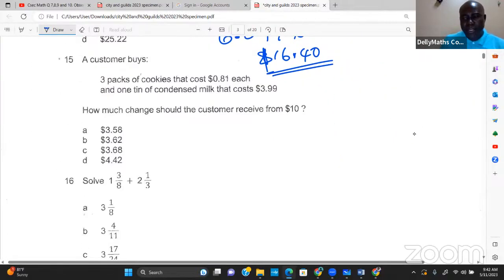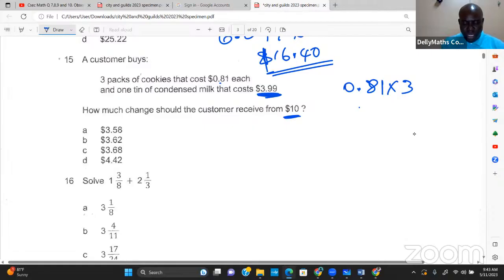A customer buys 3 snacks that cost this each. So that each, I could know the total. And 1 tin of condensed milk that costs that. So this is 1 tin. Now, how much change should the customer receive from $10? So first you want to work out those 3 cookies.